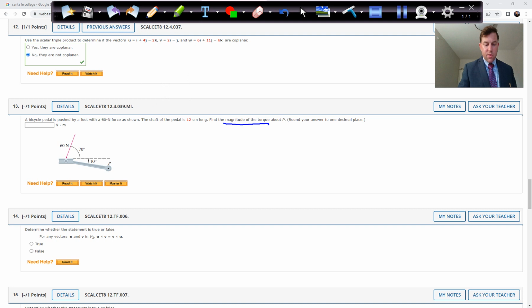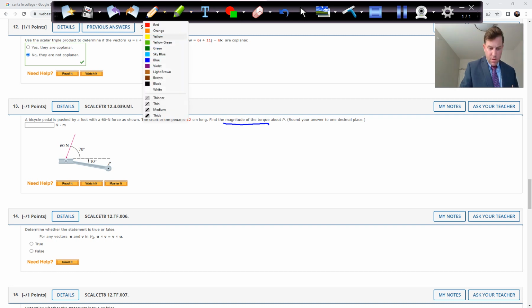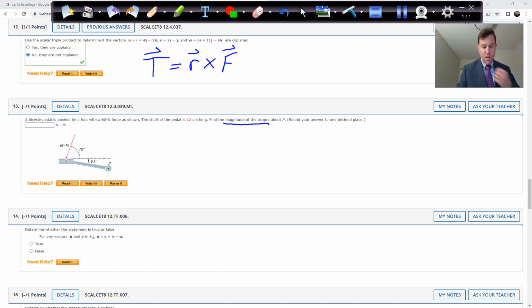So it turns out in physics, torque, which is a vector, is equal to, let me write this a little differently, the radius vector cross product with the force. So in this case, the radius vector would be from this point to P, so it would look like this.